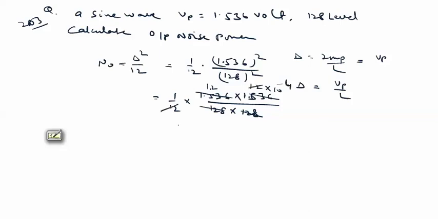Cancel with this, minus 5. Now the result is 10 to the power minus 5 volt.